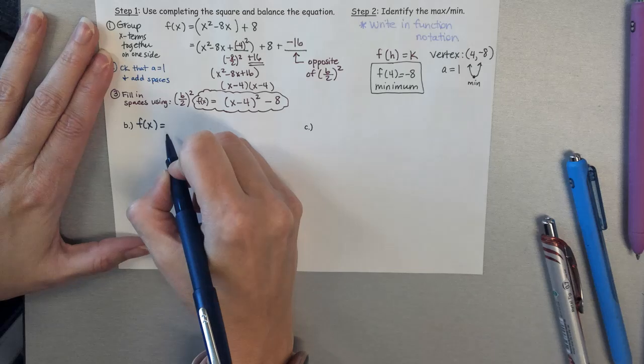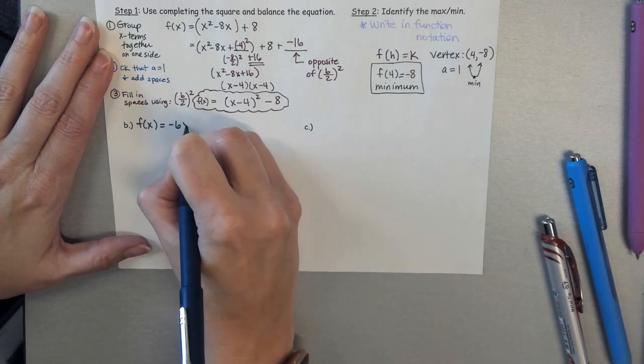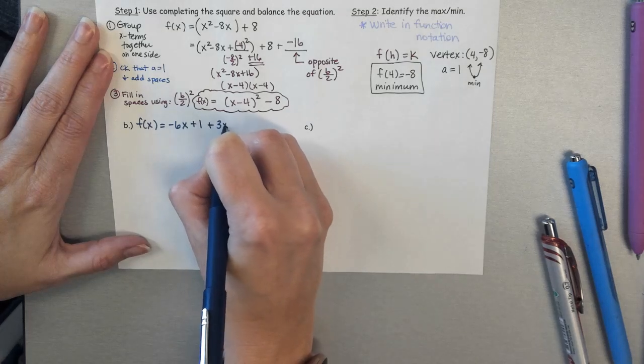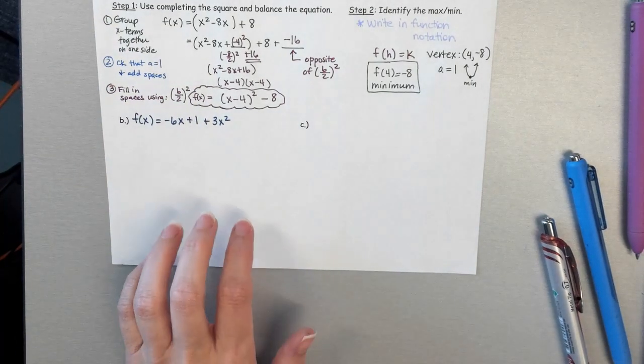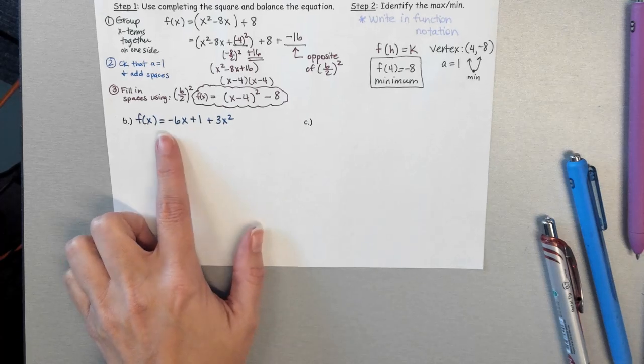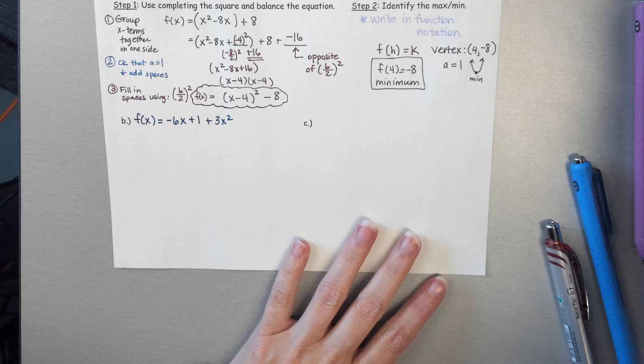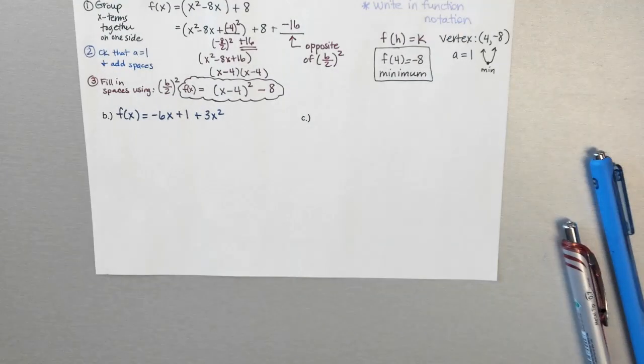Okay, now sometimes when they give you these problems, they are not going to give you the equation in standard form. Okay, so the first thing I want you to do here is I want you to write this in standard form. And then you can group those two values together.